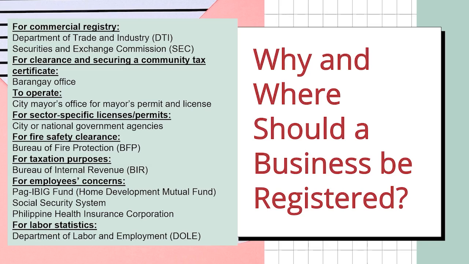And then for sector specific licenses or permits, you need to have the permit from the city or national government agencies. For fire safety clearance, you need clearance from the Bureau of Fire Protection. Actually, this fire safety clearance is usually done for the mayor's permit or the business permit. So, it is one of the requirements.